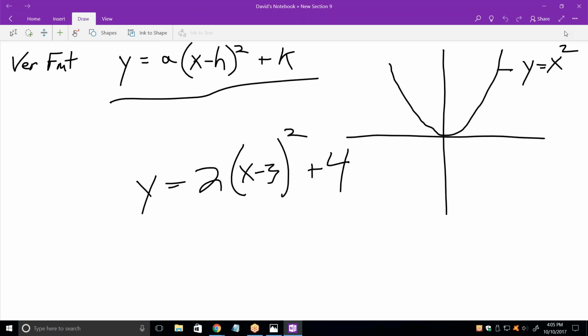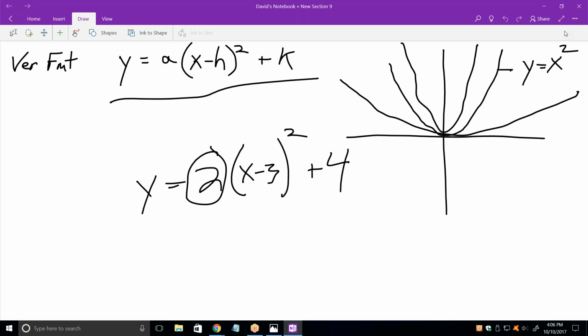Now, a is a measurement of the vertical stretch or the vertical shrink factor. If I had an a of 2, then it would look like this. If I had an a of 1/3, it might look like that. Okay, good.